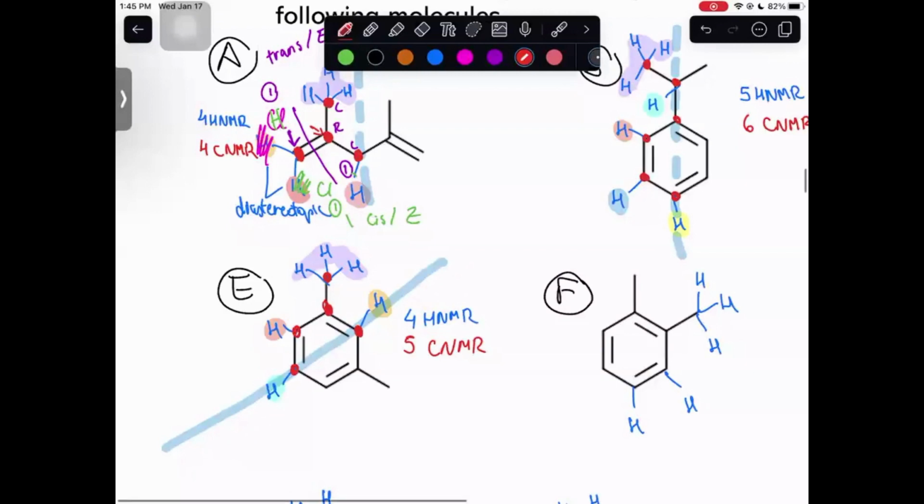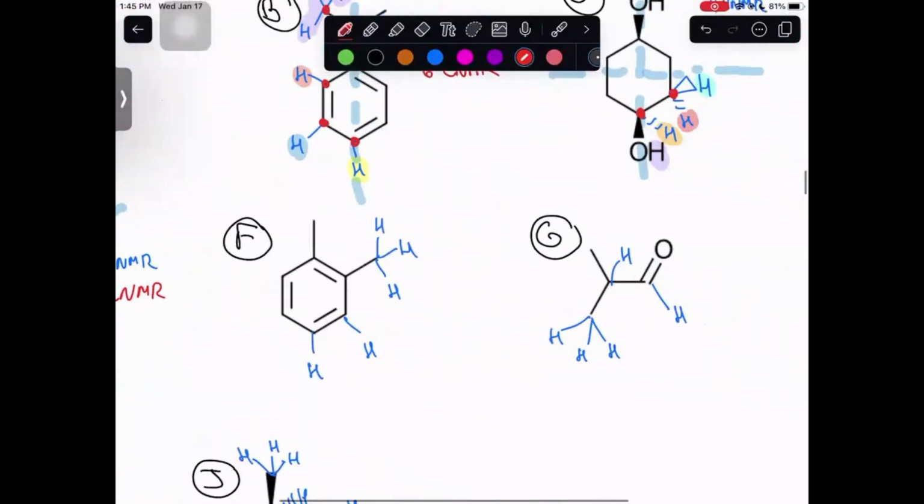Yes? Okay. Now, F, how many HNMR signals do you see? For HNMR. 3. What about CNMR? 4. Beautiful. Now, let's break it down.